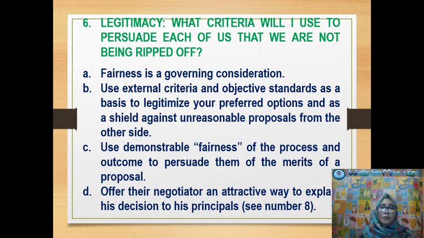C. Use demonstrable fairness of the process and outcome to persuade them of the merits of a proposal. D. Offer the negotiator an attractive way to explain his decision to his principals.